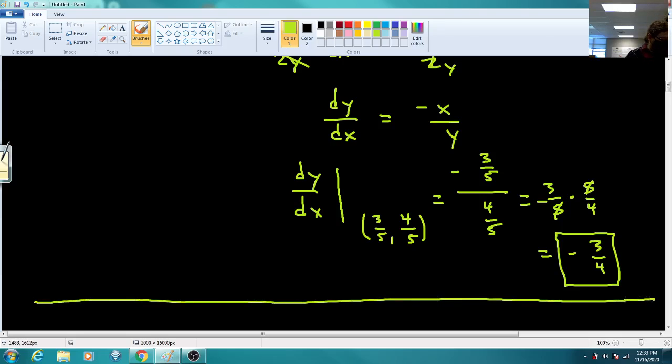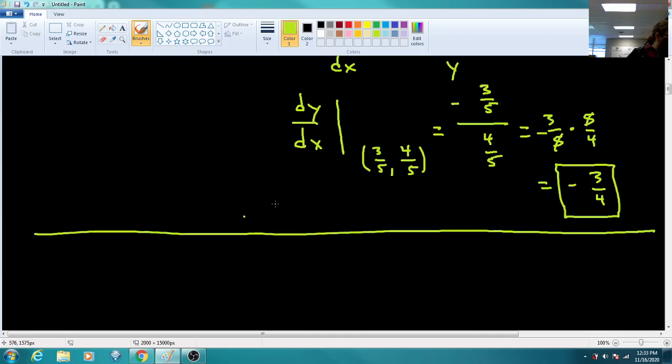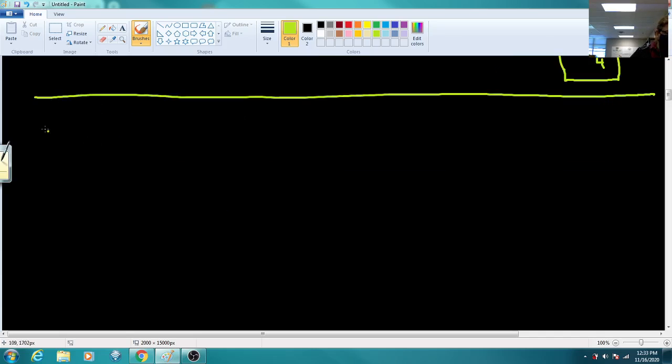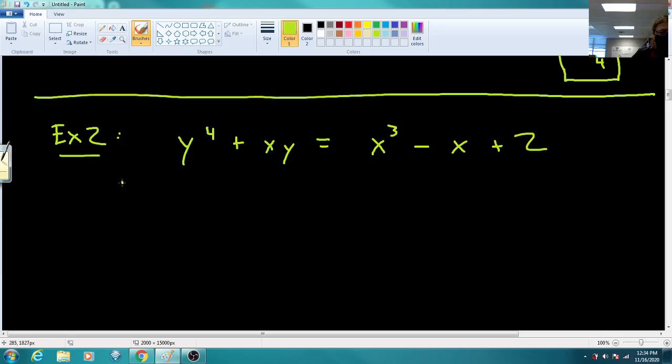Okay, so we're going to do a couple more examples on a few other equations, just to get some more practice with it. For this one, we have y to the 4th plus xy equals x cubed minus x plus 2, and we want to find dy dx.